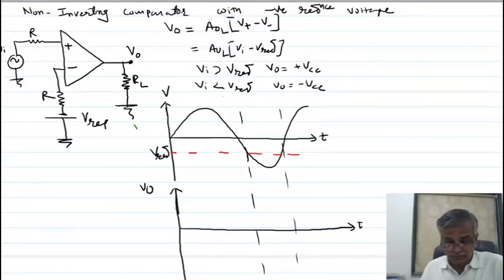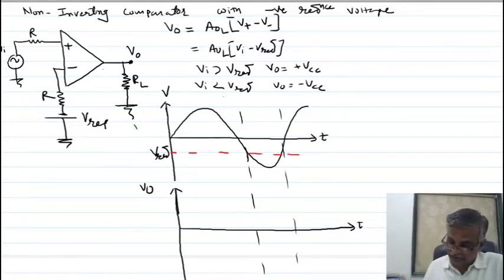What is the main equation? For the voltage at this point, when Vi is greater than V reference, the output is positive. So you can see during this time the input is more than V reference, so the output is positive. During this time the input signal is less than V reference, so the output is negative.